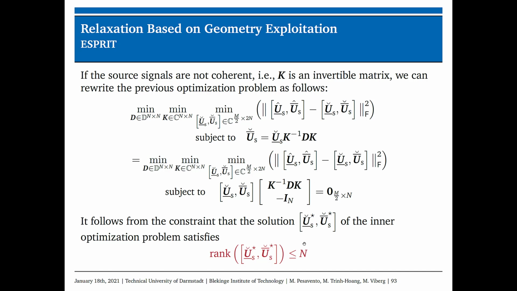In other words, the null space property implies then that the concatenated matrix US breve exhibits a rank that does not exceed the dimension of the null space, and that dimension is equal to n. Hence, the inner optimization problem represents the well-known best rank n approximation of the n by 2n repartitioned finite sample signal subspace matrix US hat underbar concatenated with US hat overbar.